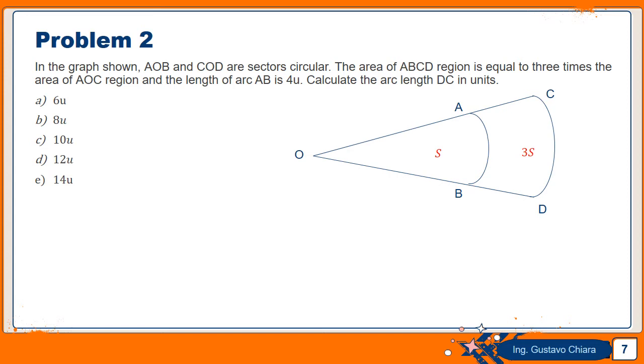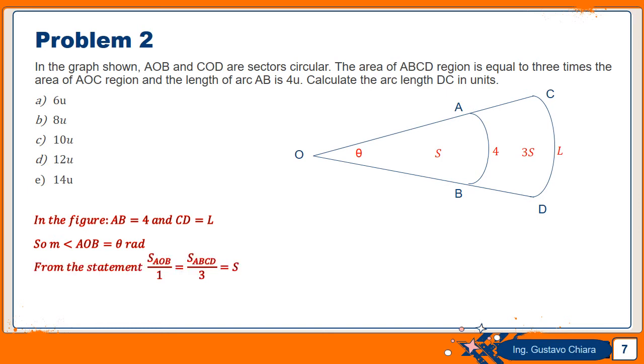Calculate the arc length DC in units. So in the picture, AB is 4 and CD is equal to L. So write in the picture, remember that the angle AOB is equal to theta radian.